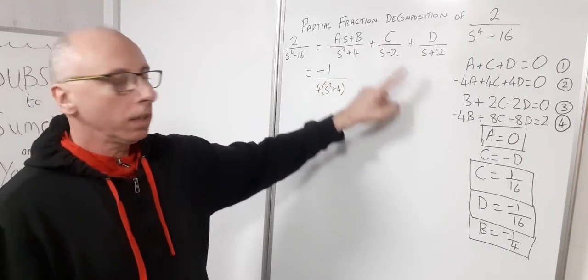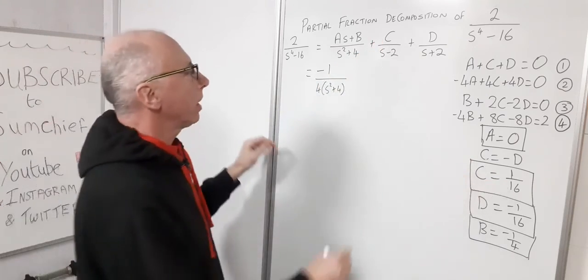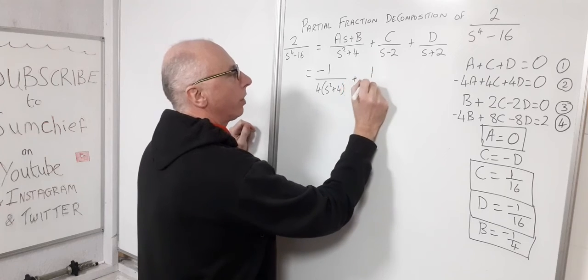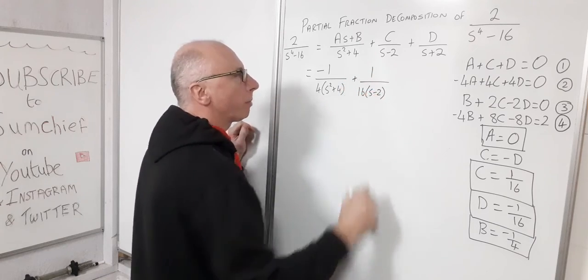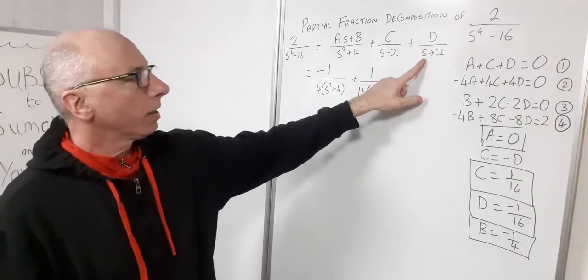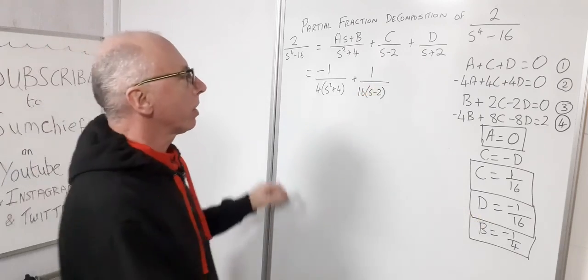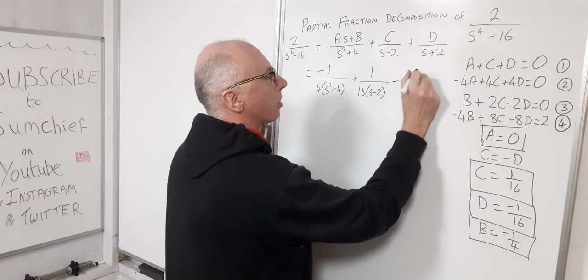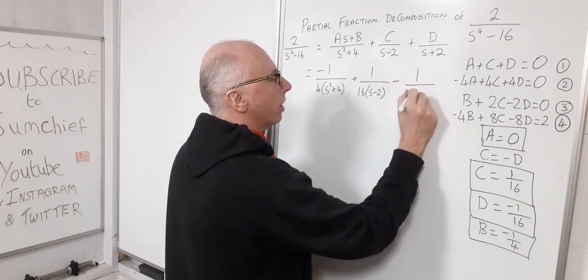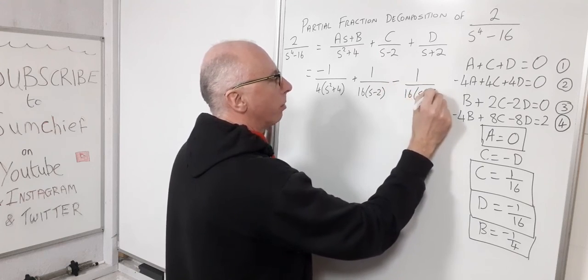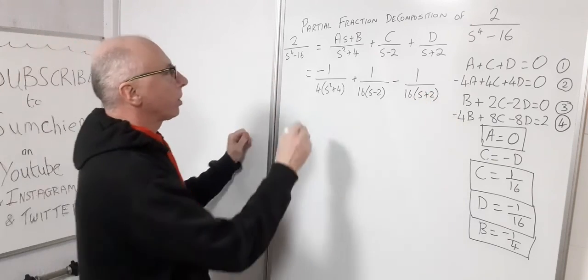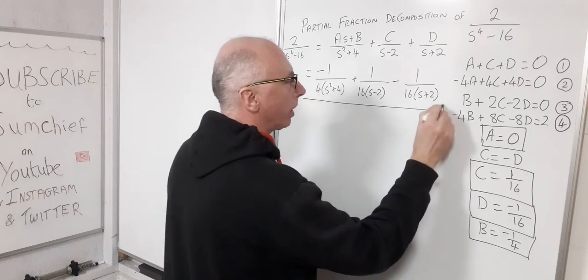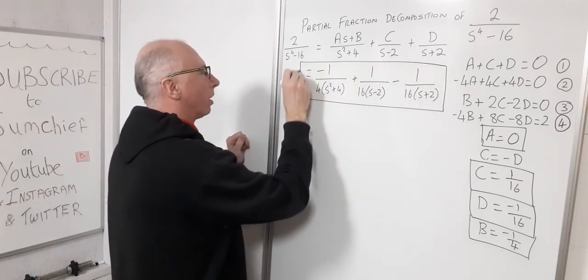Here I've got c, which is 1 over 16, so I've now got 1 over 16 times s minus 2. And here d is minus 1 over 16, so now I've got minus 1 over 16 times s plus 2. Okay, so that is my partial fraction decomposition completed.